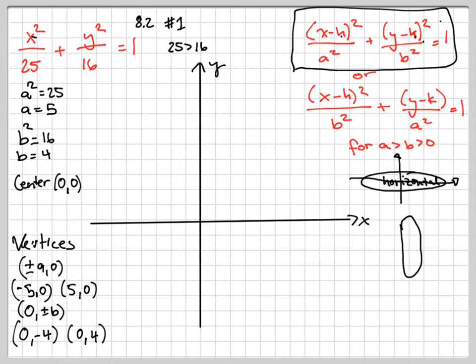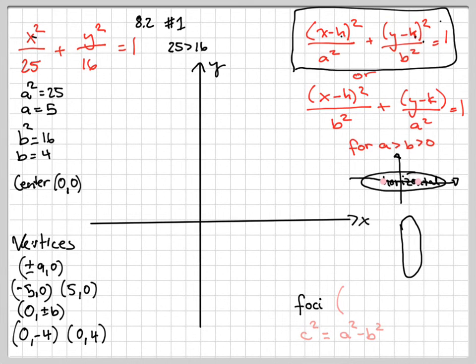We also have to find the foci. If the ellipse is horizontal, the foci are on your horizontal axis, somewhere here and somewhere there. To find the foci, we're using what we know about the Pythagorean theorem: c squared equals a squared minus b squared.